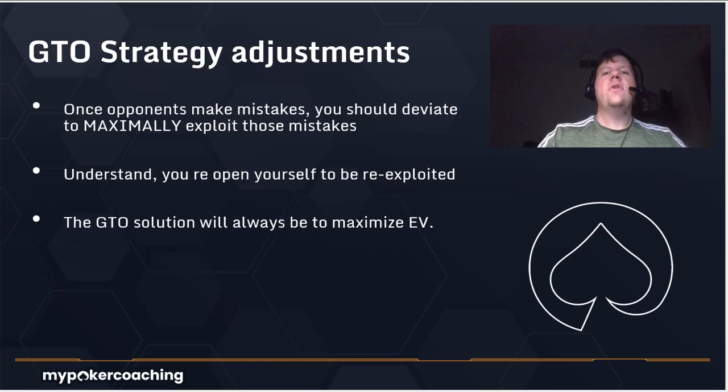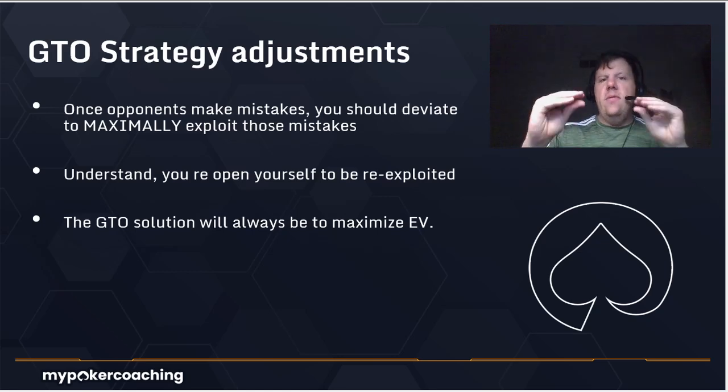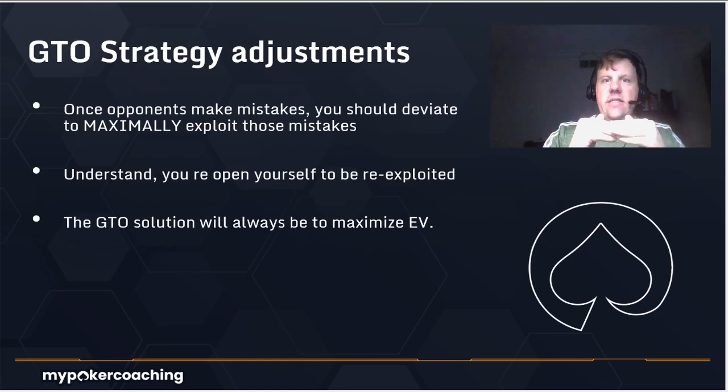Now you're giving them EV because you're overfolding and you're giving them very profitable bluff situations. Okay, so this is what a solver output, a Nash equilibrium output, is: it neutralizes that EV gain where both players are making no money against each other.